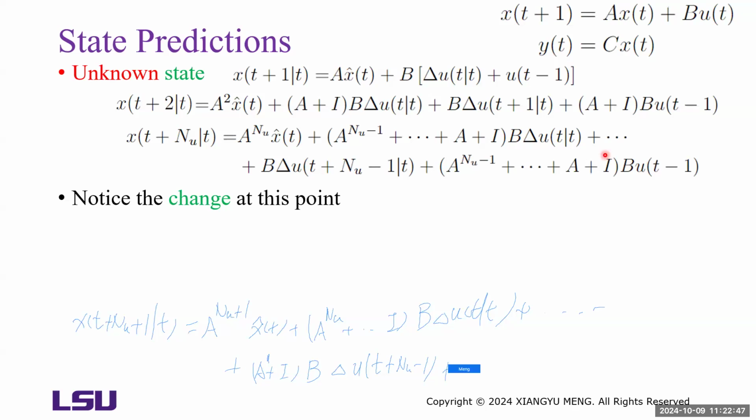And the next one will be B delta u t plus nu, and the last one will be u t minus 1. So u t minus 1 has the same coefficients as delta u t|t, so it will be A to the power of nu, and so on until I.